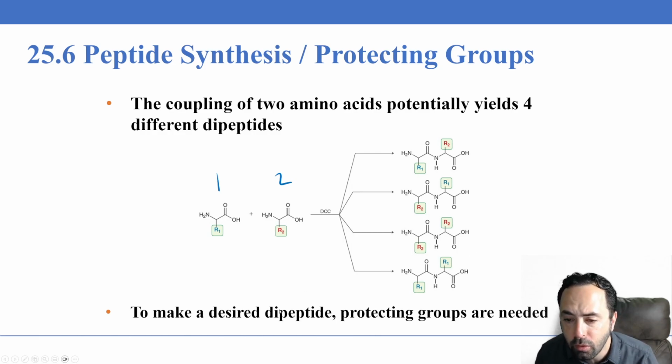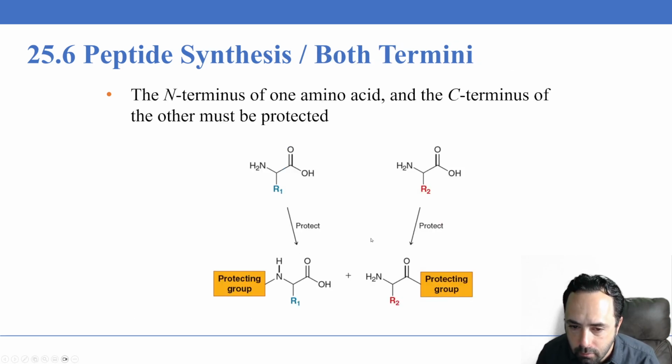So in order to control which peptide we get, there are going to have to be protecting groups installed between each peptide bond formation to make sure that we get the nucleophilic attack from the nitrogen that we're interested in adding onto the chain, and not another one.